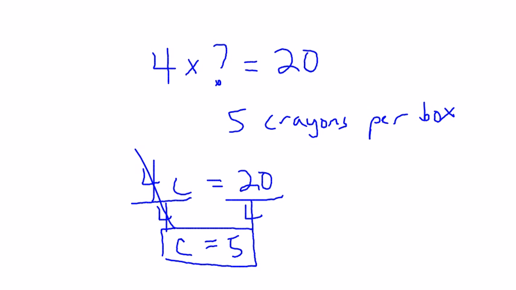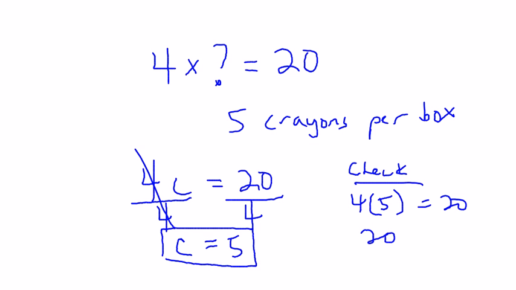To check our solution, we will plug 5 into our original equation. So this is our check. 4 times, instead of c, we will put 5. 4 times 5 should equal 20. And it does. 20 equals 20. So our solution checks out.